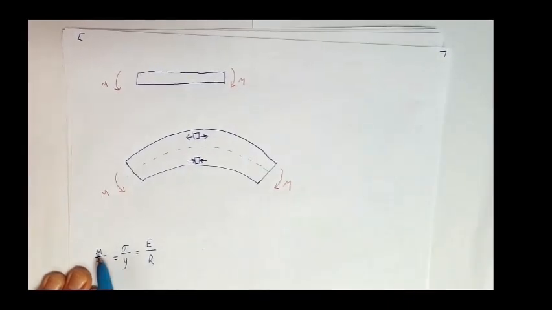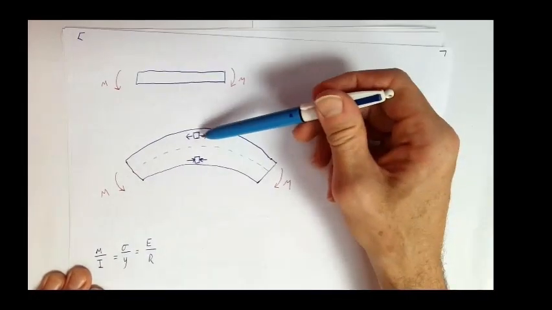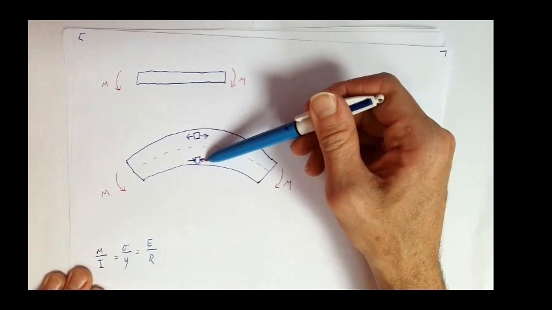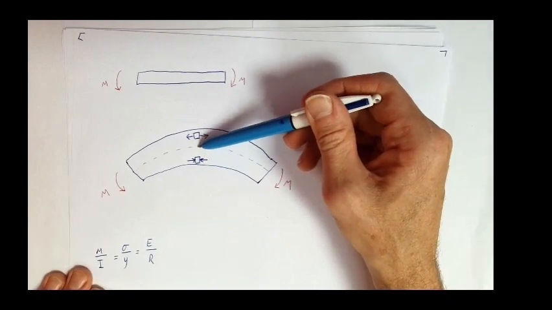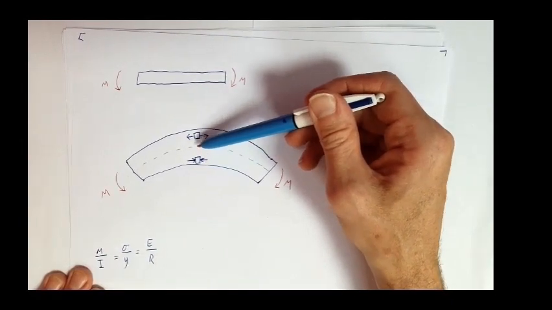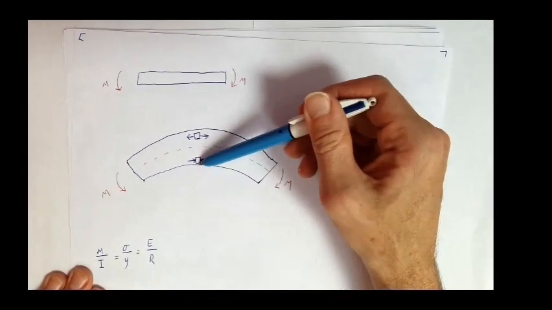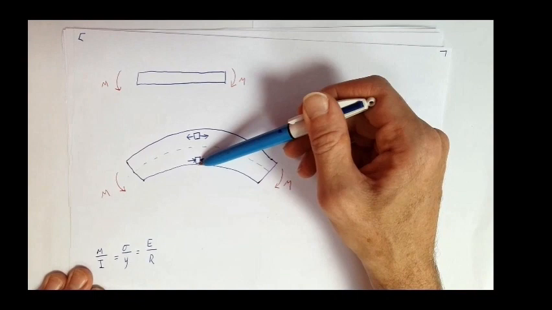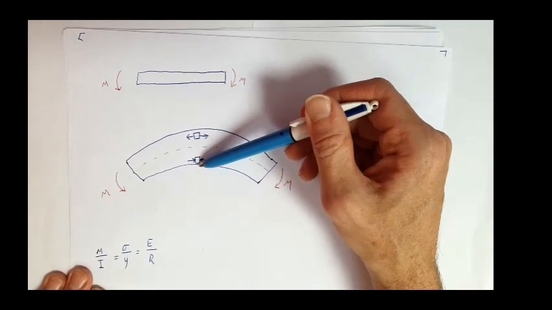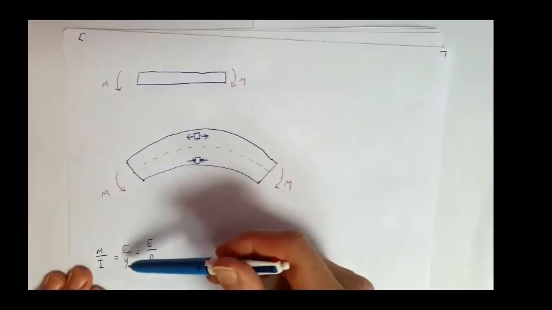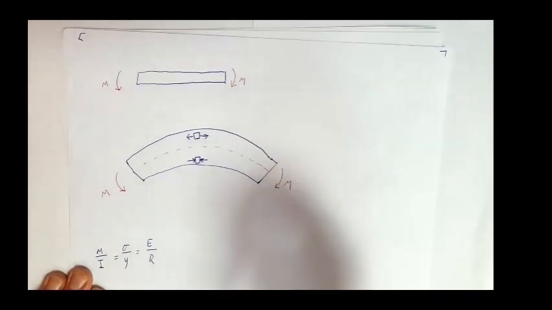Okay, so M is moment, I is second moment of area, sigma is stress, it's positive on top of the beam, it's negative on the bottom of the beam, it's zero on the neutral axis. It's a maximum on the outside surface, maximum tensile there, maximum compressive there. And actually what you can show is it's proportional to Y, the distance from this neutral axis.